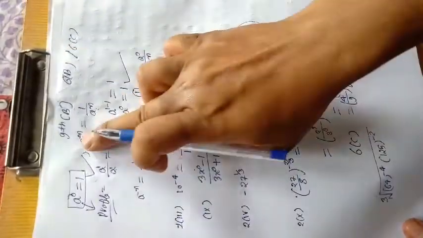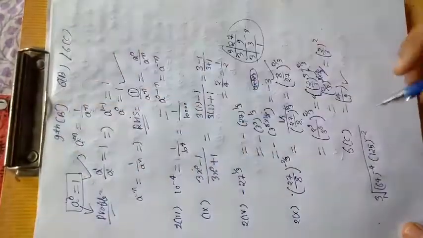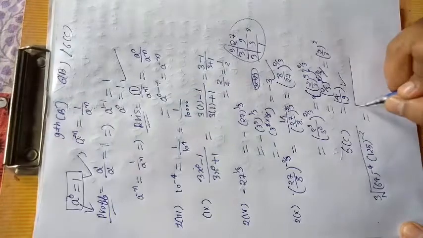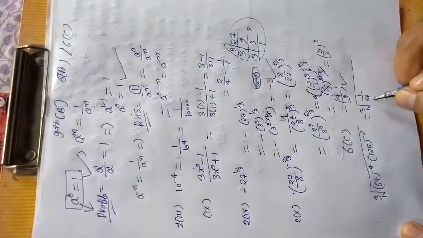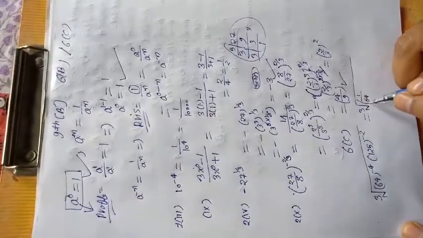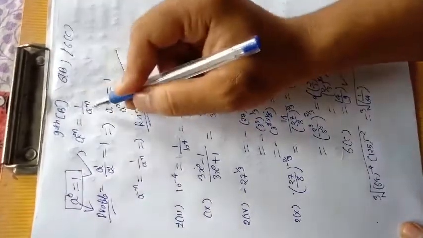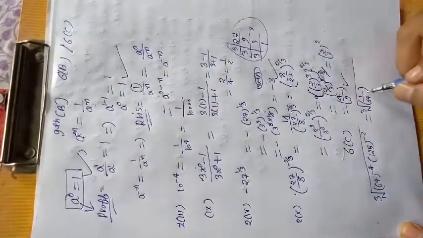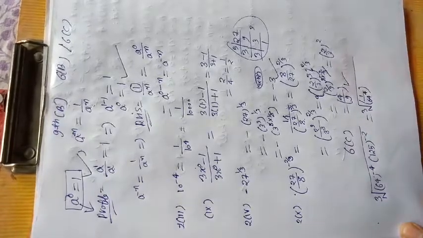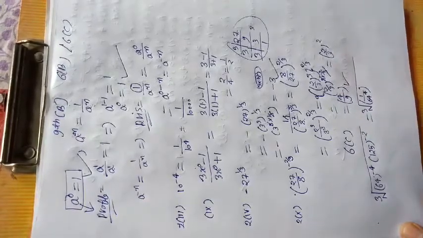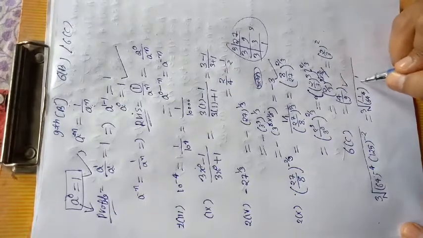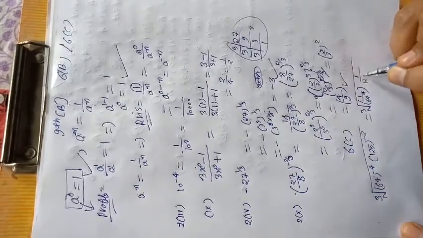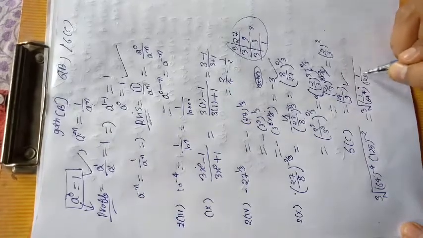We know that a to the power minus n equals 1 upon a to the power n. Then this equals 1 upon 64 to the power 4, and next 1 upon 125 to the power 2.